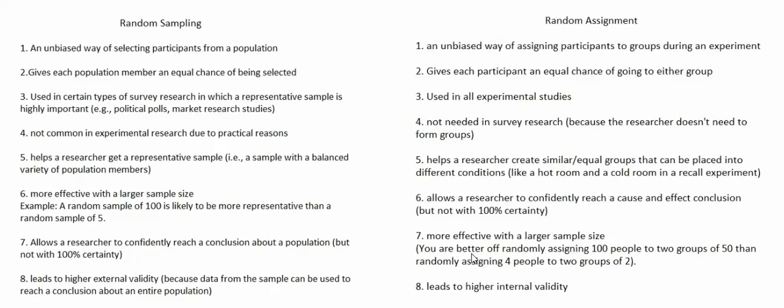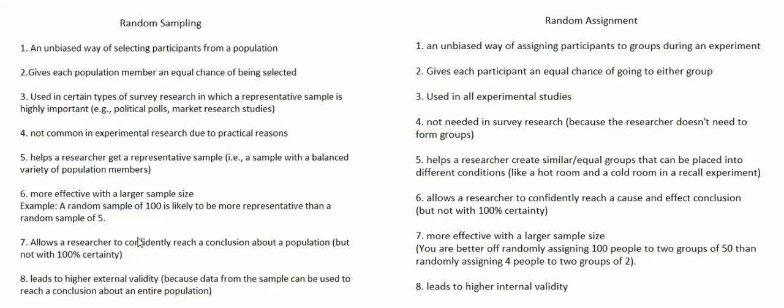If you take four people and you randomly assign them to two groups of two, you're still very unlikely to get equal groups, because you could end up getting two young males over here and two older females over here simply by chance. That wouldn't be surprising. But if you took 100 and randomly split it into two groups of 50, the 50 over here and the 50 over here are really likely to be roughly equal on a variety of things.